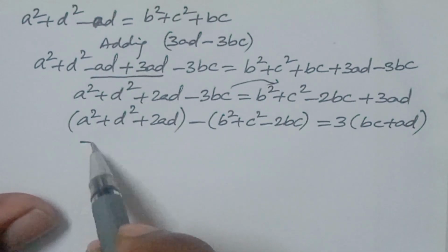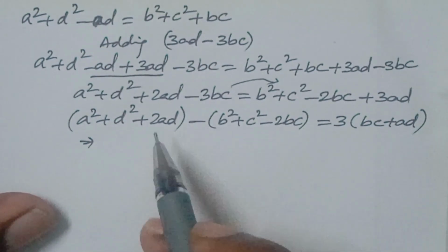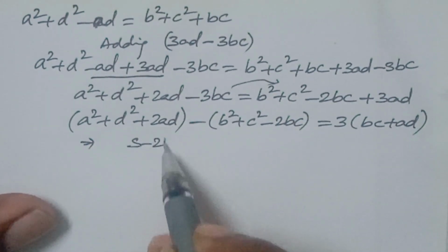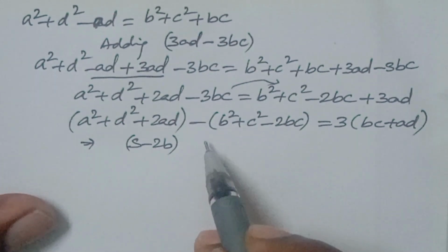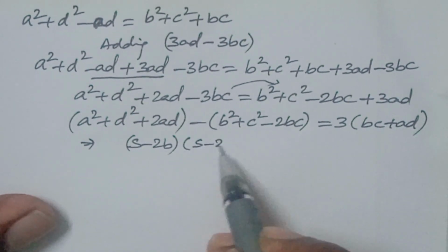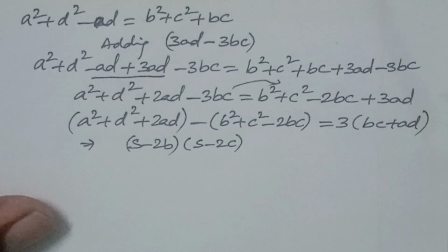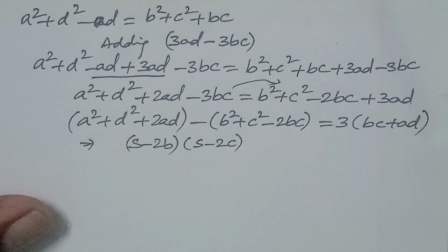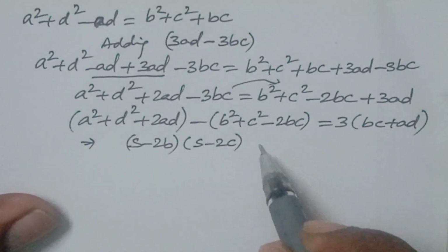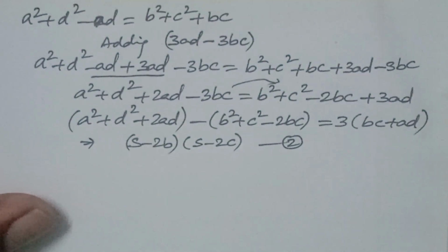So this value can be written as S minus 2B into S minus 2C. Let it be the second one, so the previous one we will take as the first one.